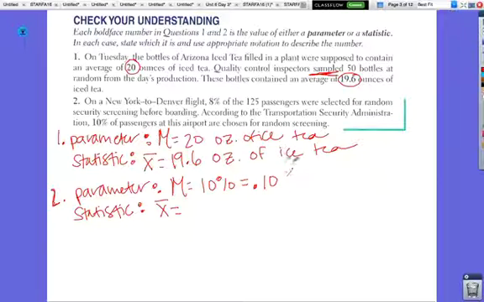So 0.10. The x bar, which has to do with the sample, so the people that were selected were the 125 passengers, and we know that 8% of those were selected. So 8% were selected or sampled, and so that turns into 0.08.